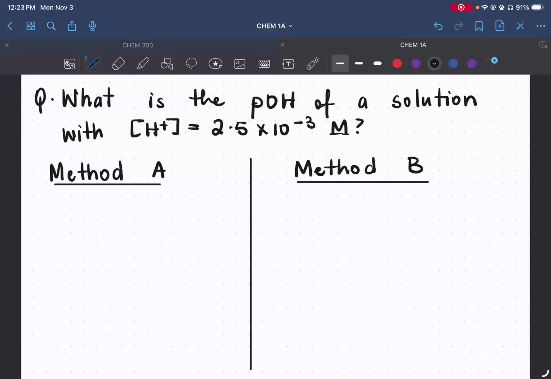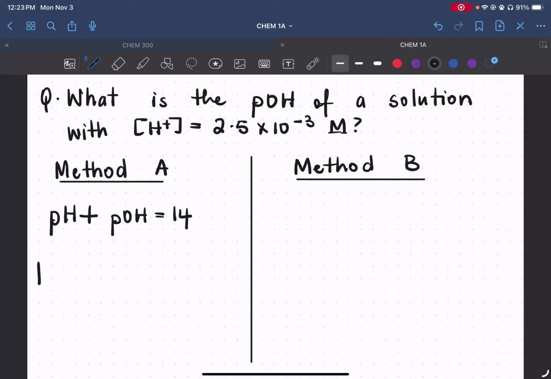One of the first things that we can do is we can say, well, we know for a fact pH plus POH is equal to 14. Similarly, I can say that POH is equal to 14 minus pH.